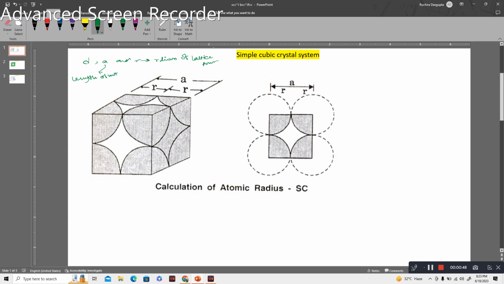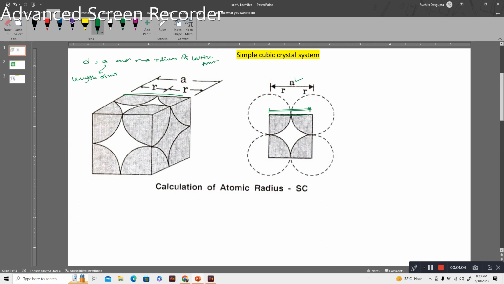You can see here, if you consider this a unit cell, here is the length of the unit cell, or edge length of the unit cell.